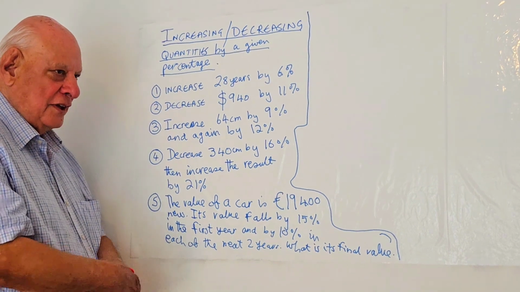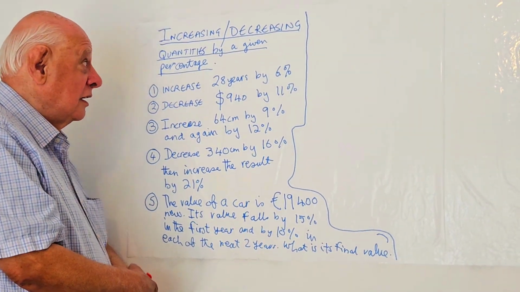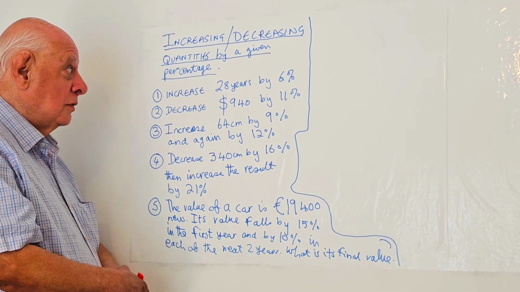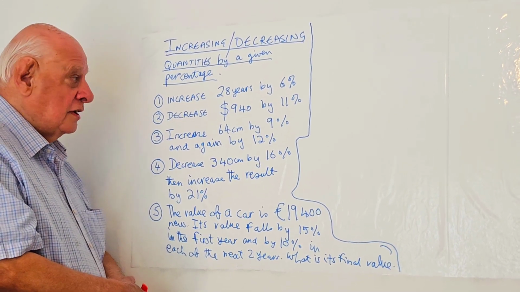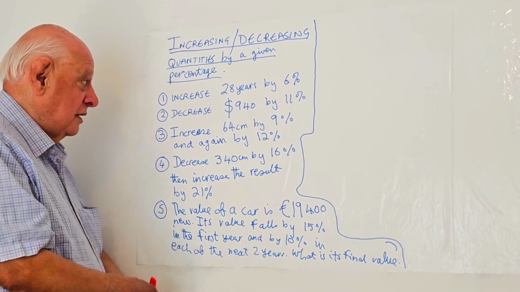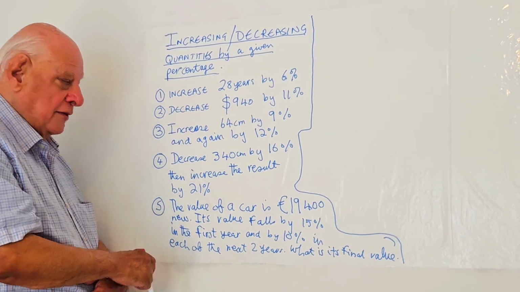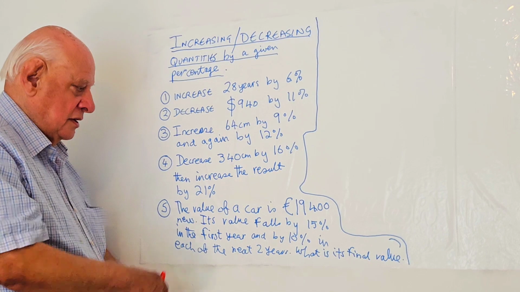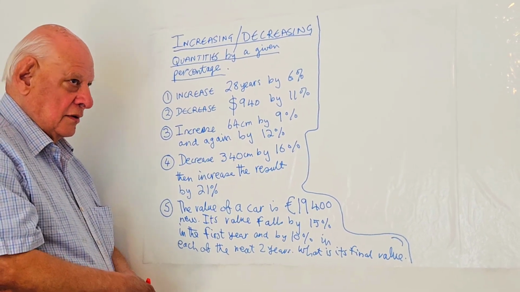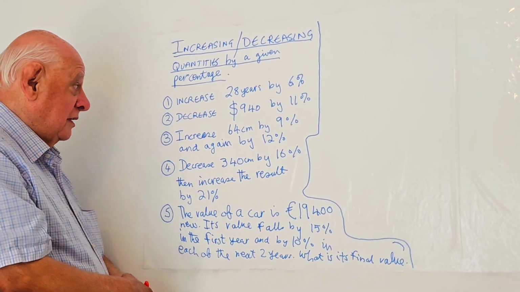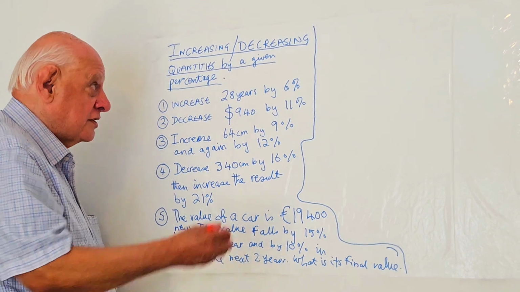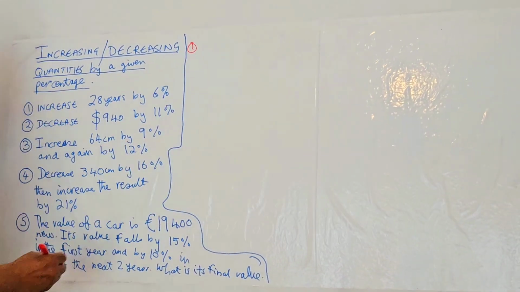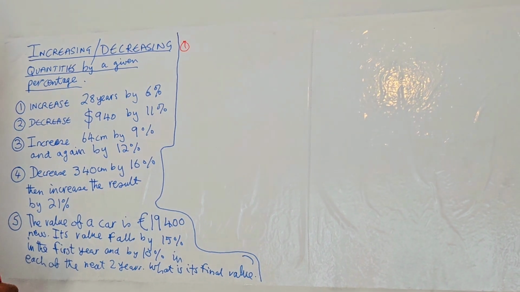Right, I'll wind up the subject of percentages by explaining how to increase or decrease a given quantity by a given percentage. I've written down about 5 examples here, which for basic needs will cover most of what you need. The first one says increase 28 years by 6%.